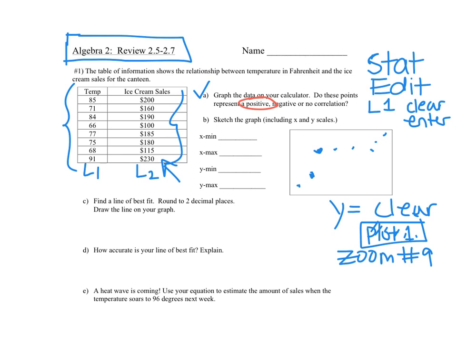Now in order to include the X and Y scales, we are going to press the button called window, and that's going to tell us the right window that we've used. So for my min, I have 63.5, so that's the lowest temperature they used, up to 93.5. And then for sales, they used 77.90 and 252.1. So you just list those there so that we know what our scales are.